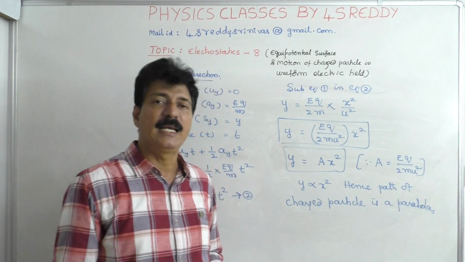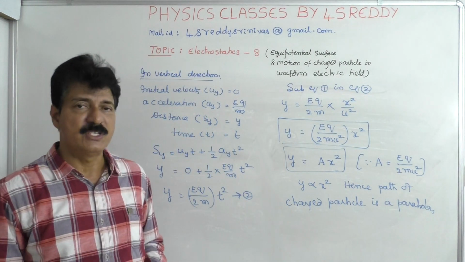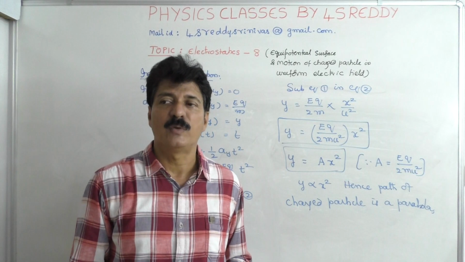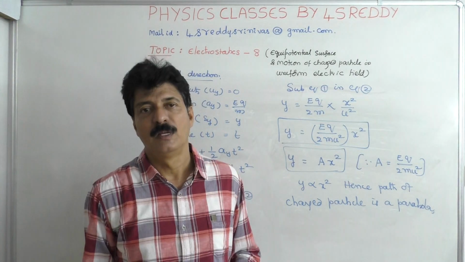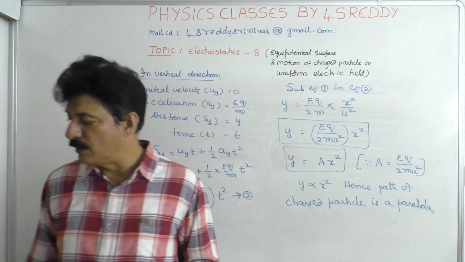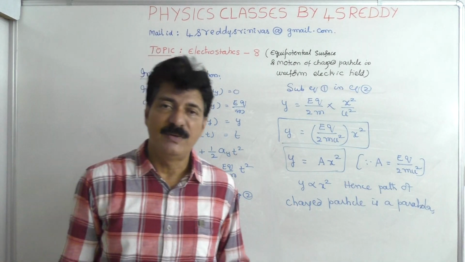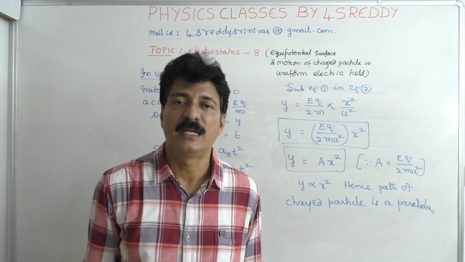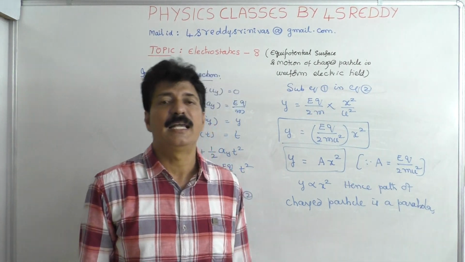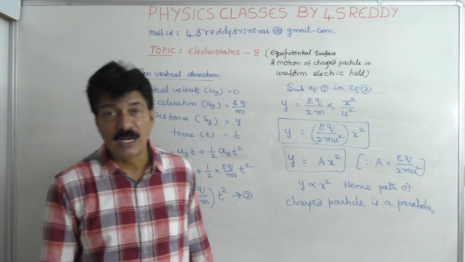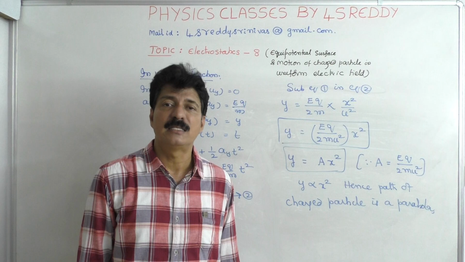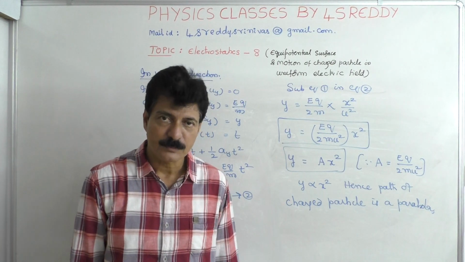Then what is the kinetic energy? We calculate half mv square. It is E square Q square t square by 2m. Suppose it is a negatively charged particle and it is released from rest in the electric field, it moves opposite to the direction of the field. Hence it will be decelerated, so that a is equal to minus Eq by m.